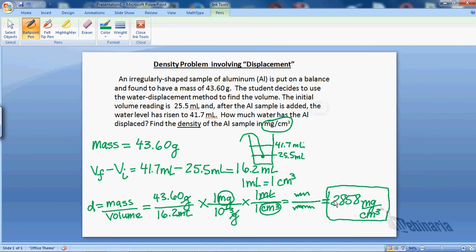If you have any questions about calculating density when we look at how much water an object displaces to find the volume, please ask a question in class. If you have any questions about converting the units in density, which we see is pretty straightforward if we know our conversion factors and relationships, please ask about those in class.